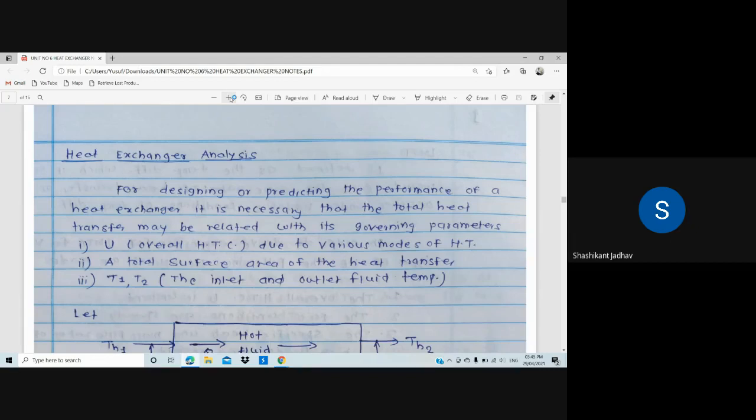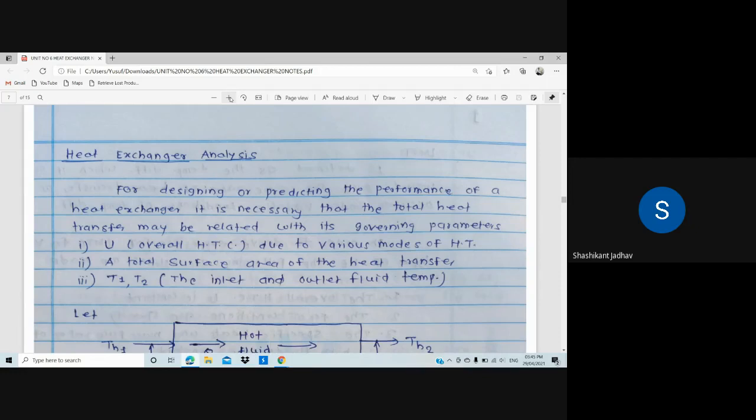Capital U is the overall heat transfer coefficient, due to the different modes of heat transfer. Basically there are three modes of heat transfer: conduction, convection, and radiation. According to the modes of heat transfer, we have to find the overall heat transfer coefficient, that is capital U.